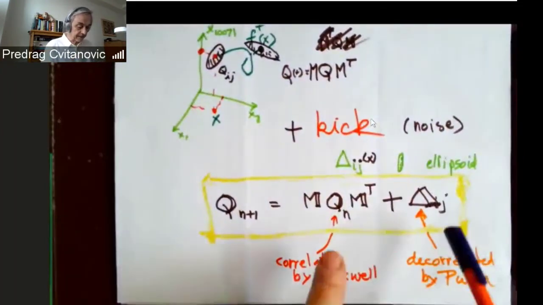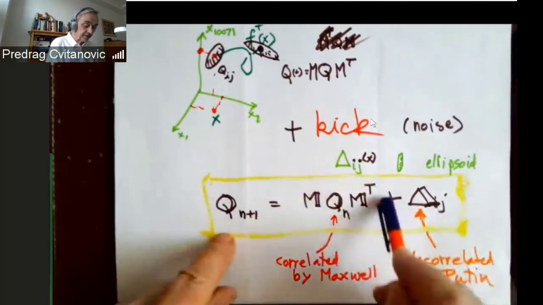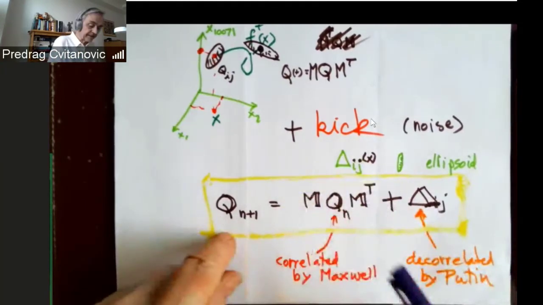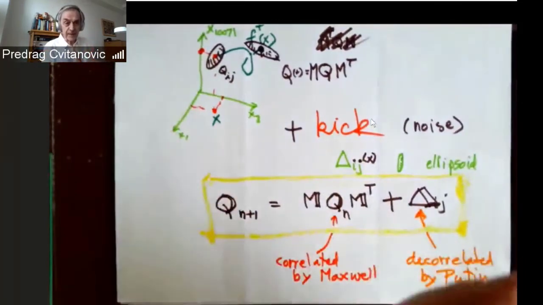The main thing is that this measures squares, because this is measuring the expectation value of x times x transpose. And it has two components. This particular sum of squares came from our preparation.